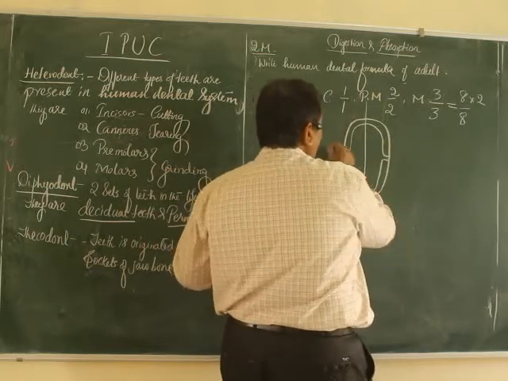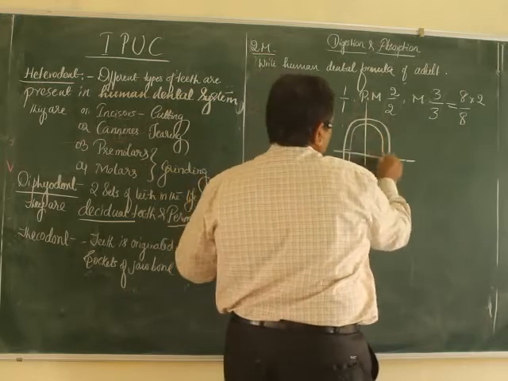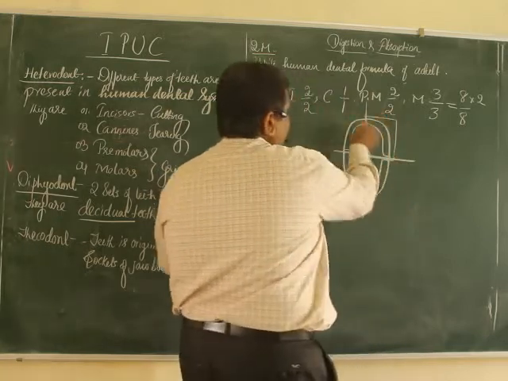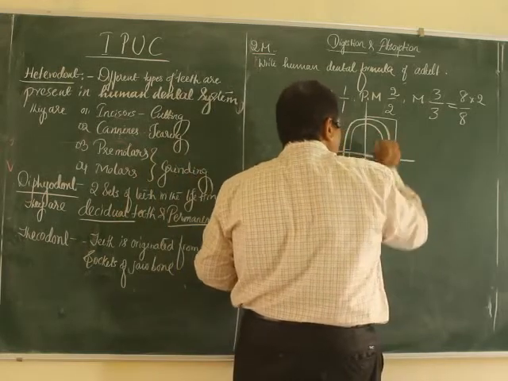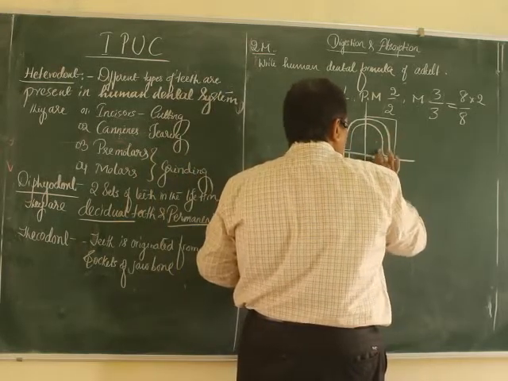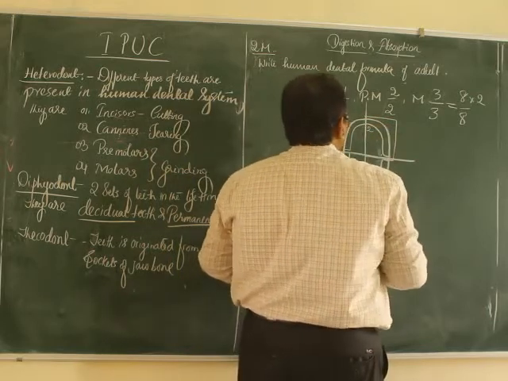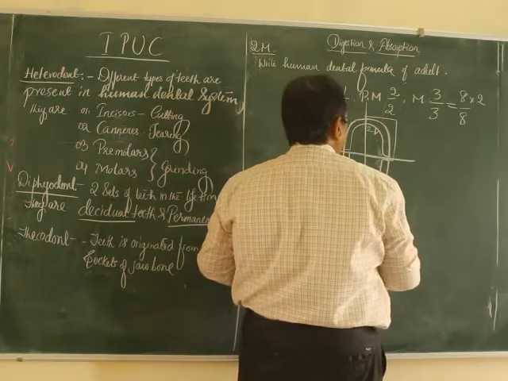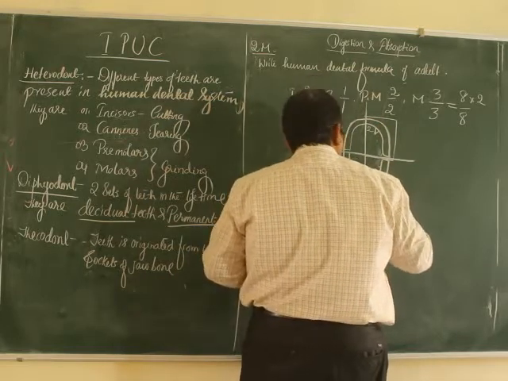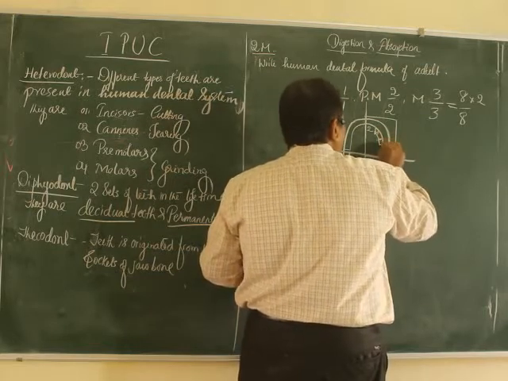If you make it into 4 parts, I am writing only this part. Here there are 2 incisors in the upper jaw, 2 incisors in the lower jaw, and 1 canine, 2 premolars, and 3 molars.